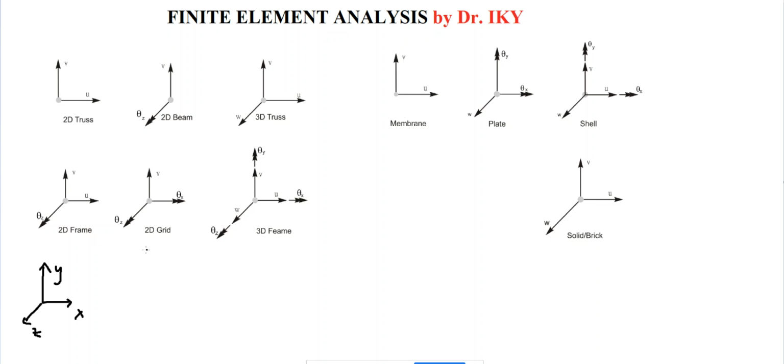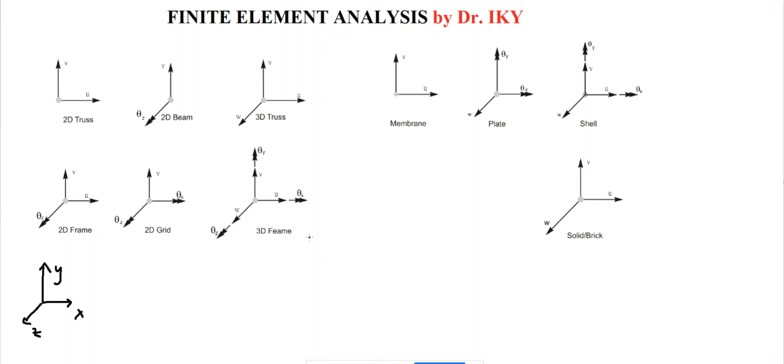And this time we increase the frame. So we have got the 2D grid. And we have one displacement, two angle rotations around z and the axis of x.